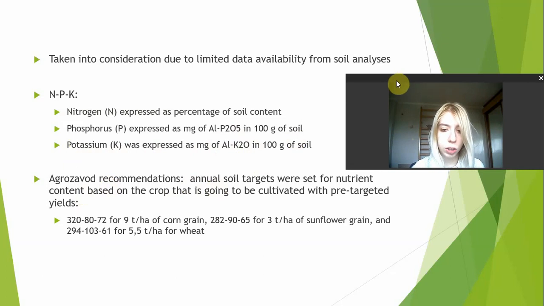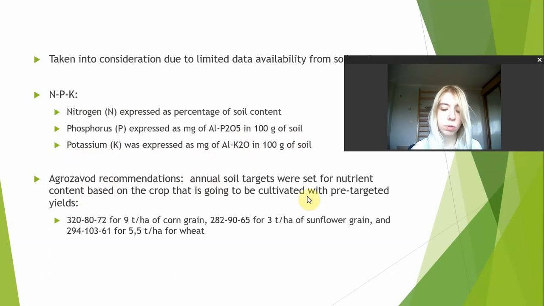AgroZavod recommendations are used, so annual soil targets were set for nutrient content based on the crop that is going to be calculated with pre-targeted yields. Basically, we are developing a tool where you, as a user, decide how much of the product you want to have in tons per hectare, and you give the tool the data regarding your soil.